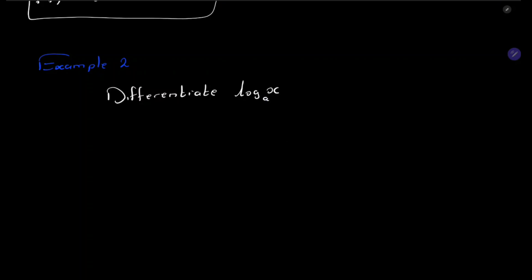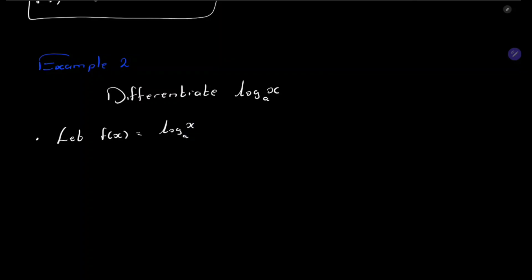Here let's put log to the base a, that is for any base, log to the base a of x. The first thing we're going to do is let f of x be equal to log to the base a of x.